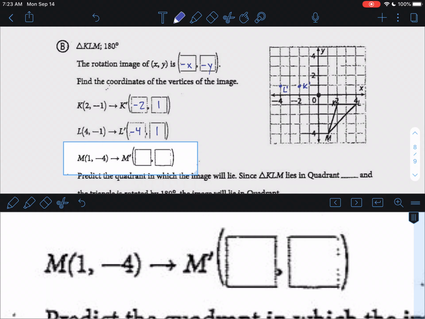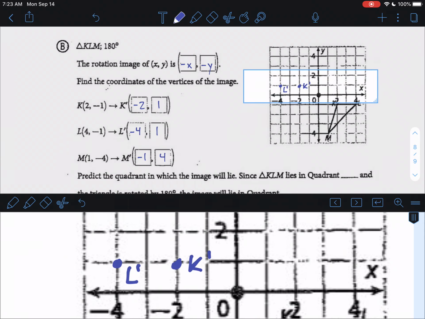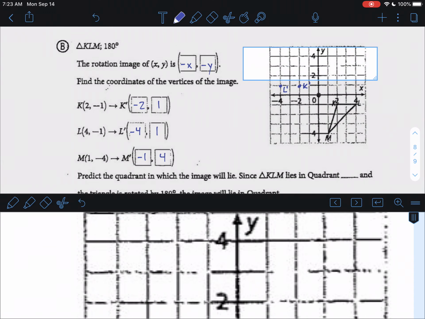And finally, I have this point M, which is mapped onto M prime. M is at (1, negative 4). Switch the signs on both of them. 1 turns into negative 1. Negative 4 turns into positive 4, which means M prime is at (negative 1, 4), which is right up here. So this is my M prime.